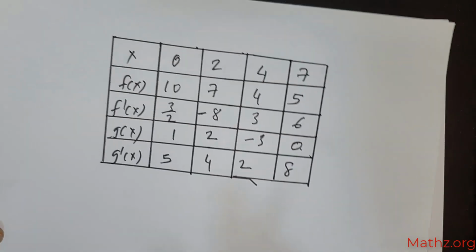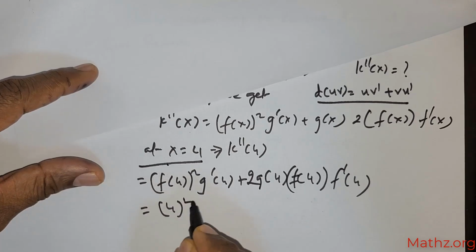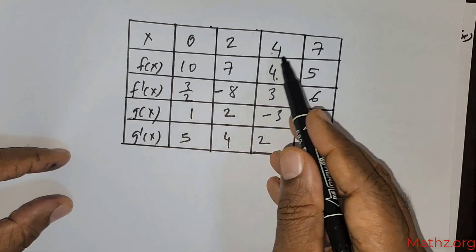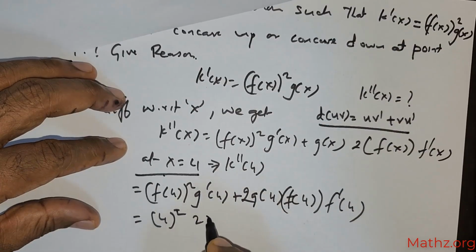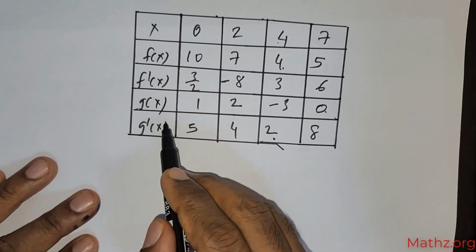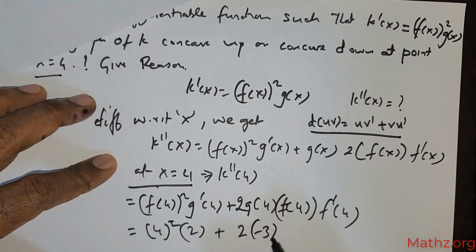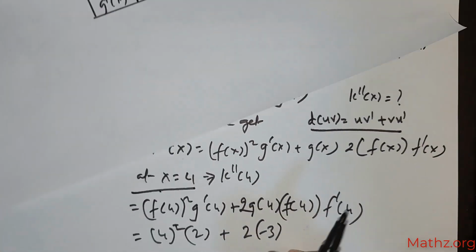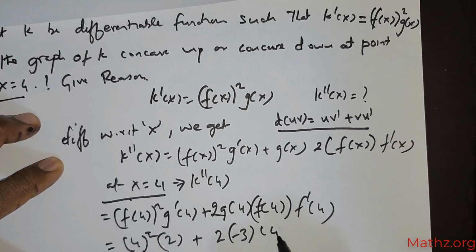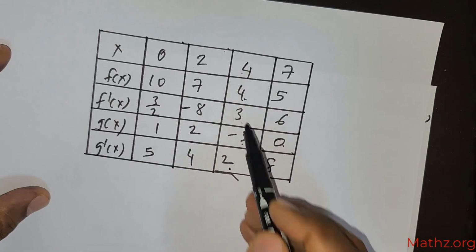Okay, now f of 4 is 4, so it's 4 squared, and then g dash of 4 is 2, plus 2 times g of 4, g of 4 is negative 3, f of 4 is 4, f dash of 4 is 3.